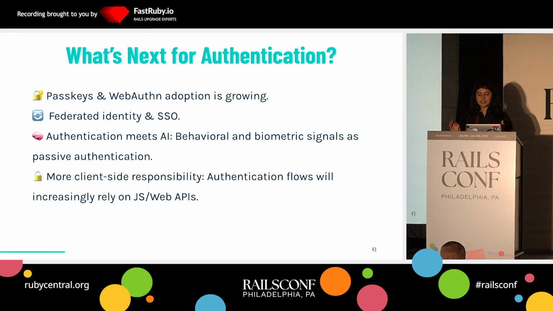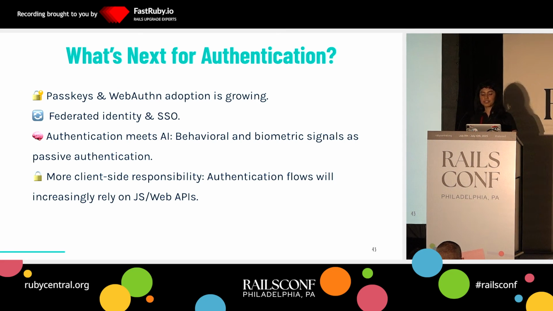To summarize, we have modern authentication that isn't just about login forms anymore. It's about flexibility, trust, giving users more control. And Rails is giving us the foundation to build this well. This authentication generator gives us a fresh start. It's not just a tool, but as I mentioned earlier, it's a mindset shift.